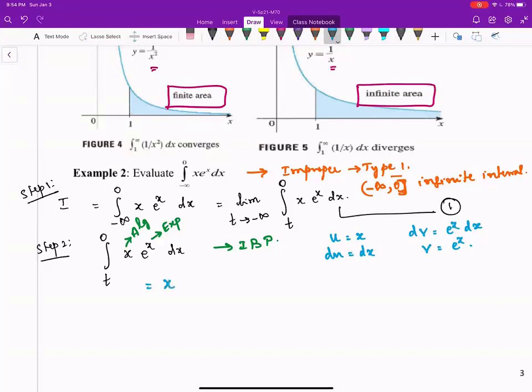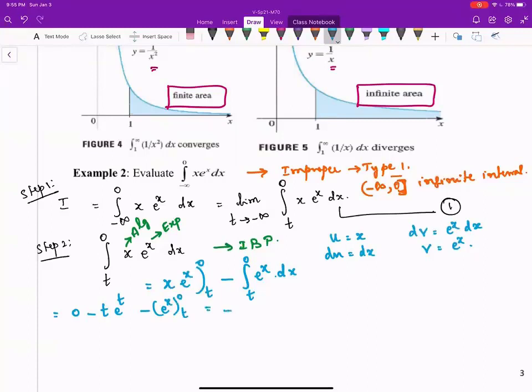So u is x, v is e to the x. Remember, it's a definite integral, so it is x e to the x from t to 0 minus the integral of v du. If I expand that, at 0 it is 0 times e to the 0, which is equal to 0, then at the lower limit it is t times e to the t, so that's negative t e to the t, minus the integral of e to the x, which is e to the x between the limits t and 0.